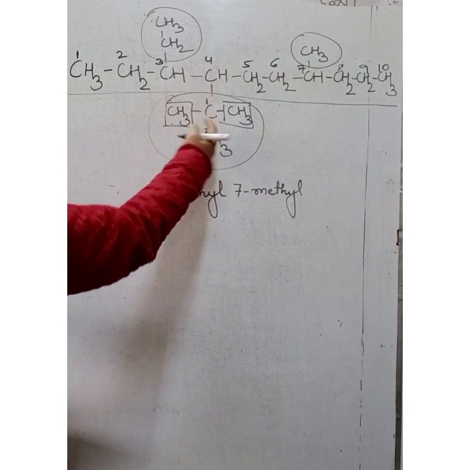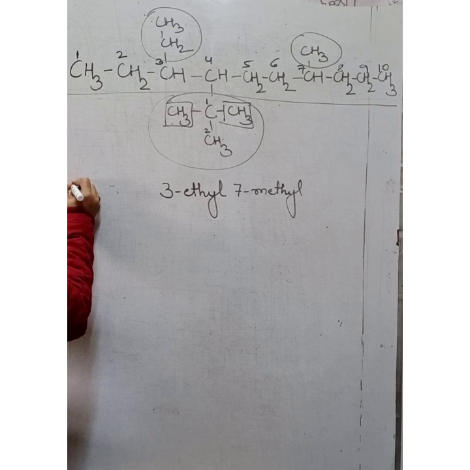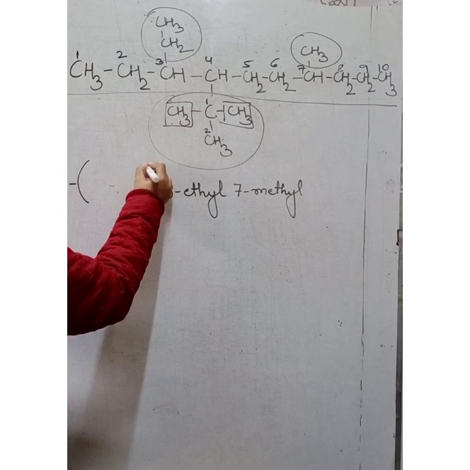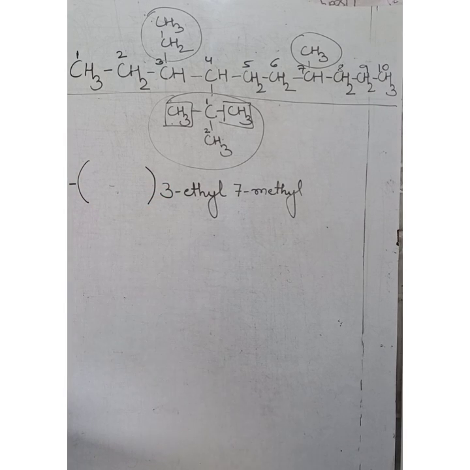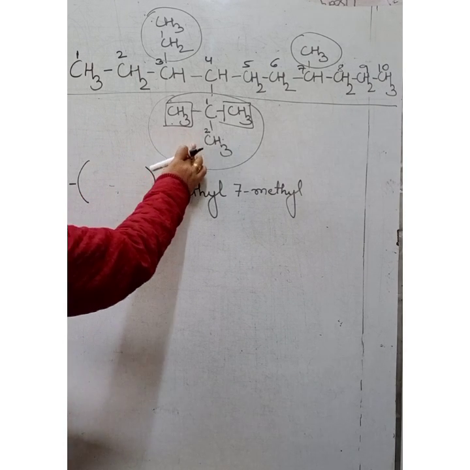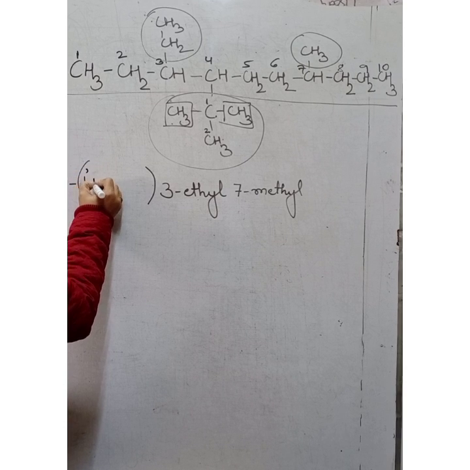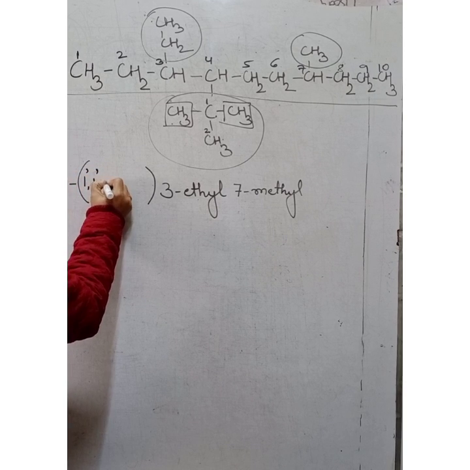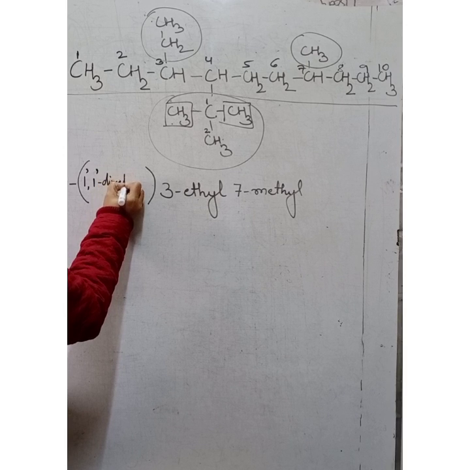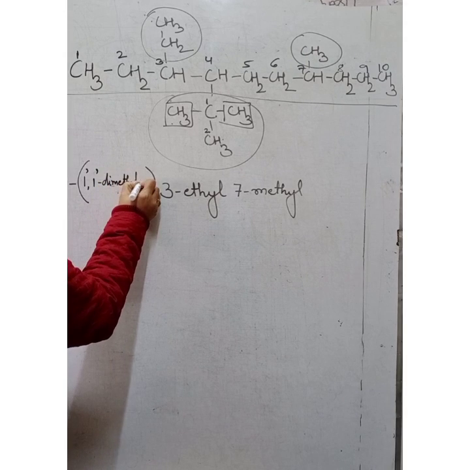At which position is this complex group present? 4th position. So, 4 dash, and in parenthesis, in bracket, the name of this complex substituent: 1,1-dimethylethyl.